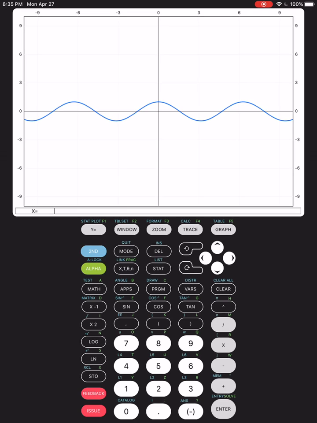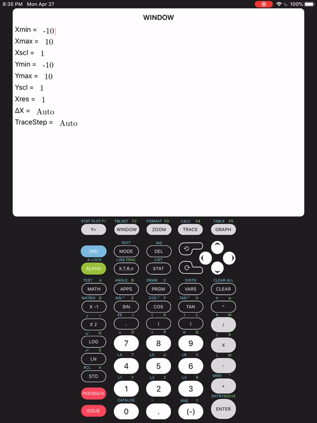We're going to play around with the window because actually our trigonometric graph is related to the unit circle. So the highest it's going to go up is the radius of the unit circle, which is of course 1. So I'm going to make my y min -2 and my y max 2 because I know the highest it's going to go up is 2.